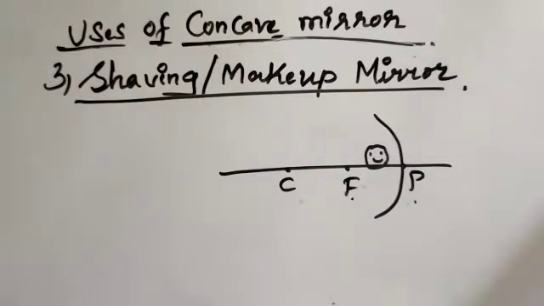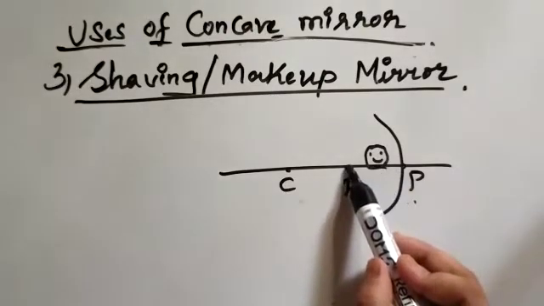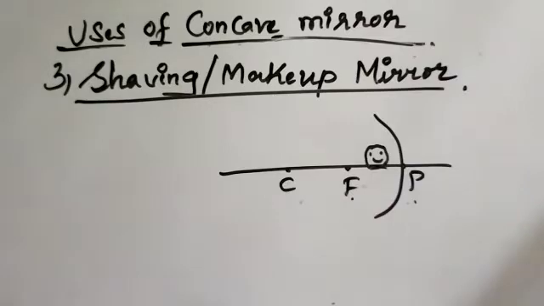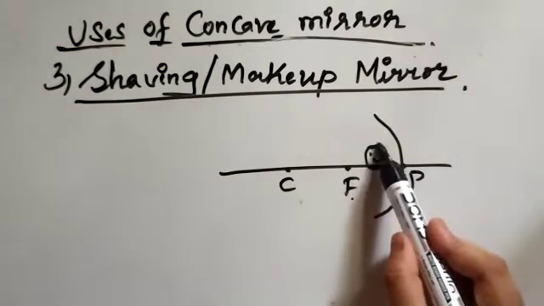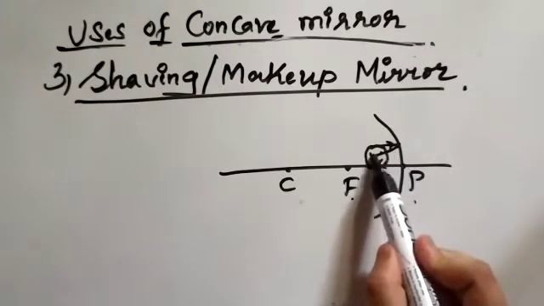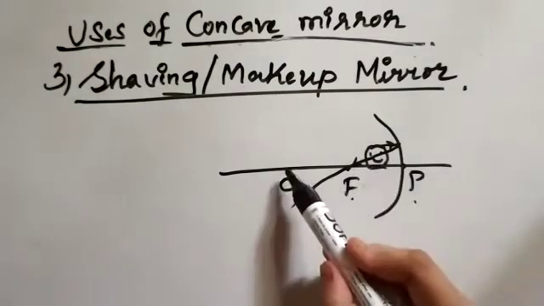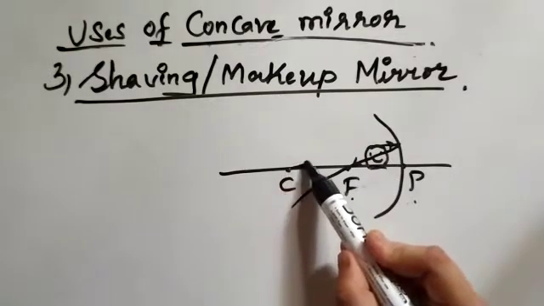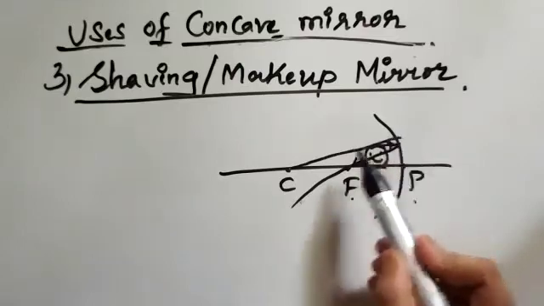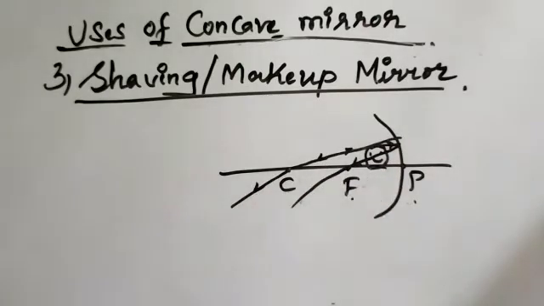So when we are near to that mirror, that means when an object is kept between focus as well as pole, I'll take two rays. One is when a ray of light passes parallel to the principal axis, after reflection it moves through the principal focus, and the other is when a ray of light passes through the center of curvature, after reflection it moves back along the same path.